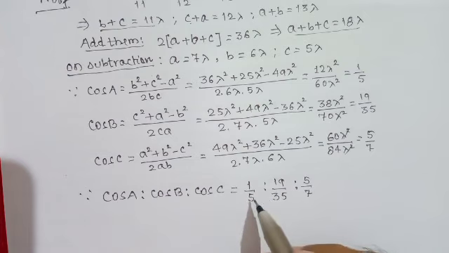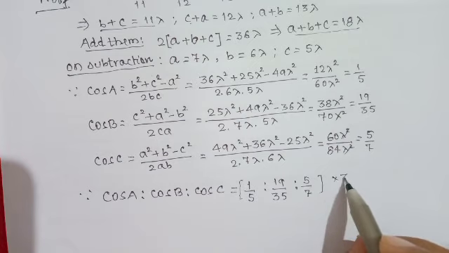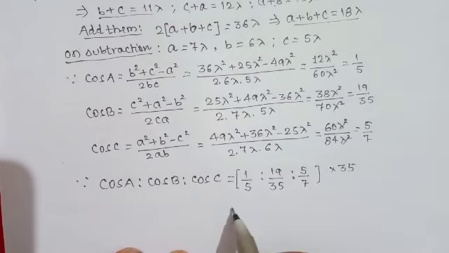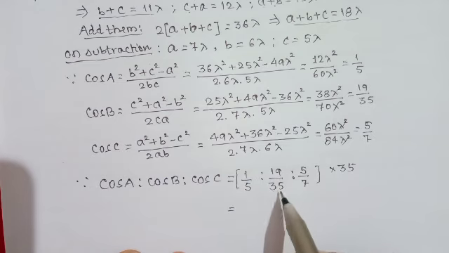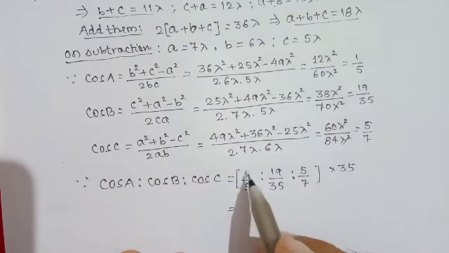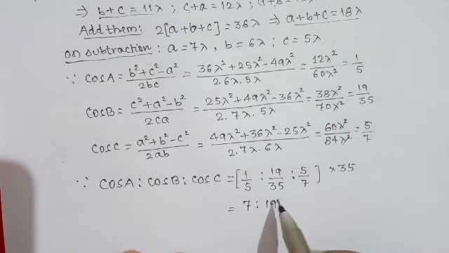Here multiply each ratio by 35. So we will get 35 by 5, 19 into 35 by 35, 5 into 35 by 7. So 35 by 5 should be 7 is to 19 is to 25. This is the simplest form of the ratio.